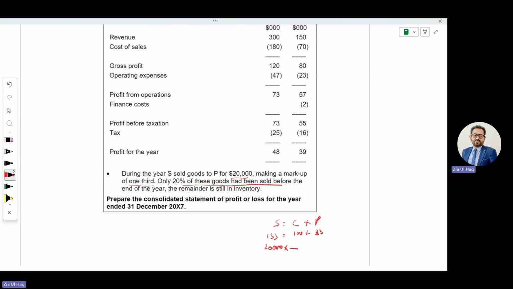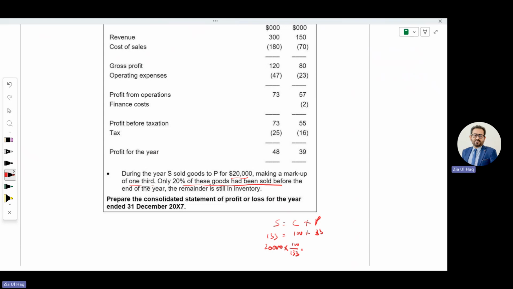This itself is 133 and we need to calculate 100. If 100, out of 20,000, how much is cost? 15,038, or you can say 15,000. So 15,000 is the cost. This means 5,000 is profit.